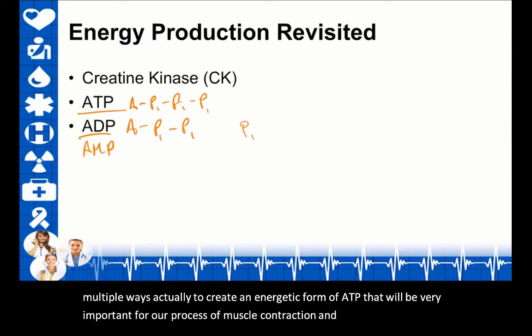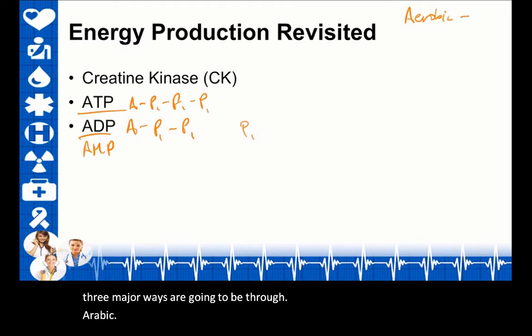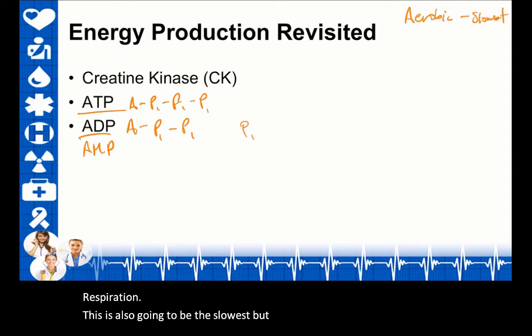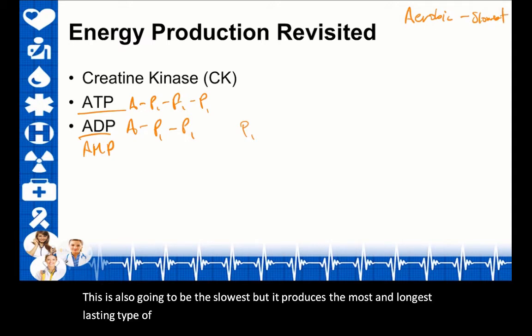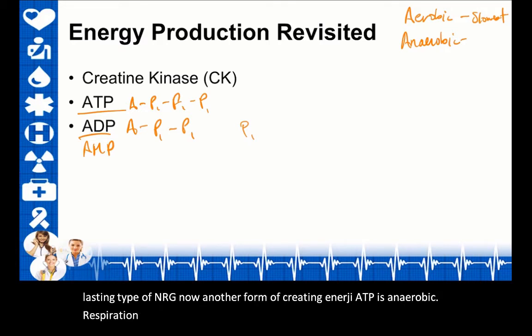So the 3 major ways are going to be through aerobic respiration. This is also going to be the slowest, but it produces the most and longest lasting type of energy. Now, another form of creating energy, ATP, is anaerobic respiration, and that's kind of intermediate.